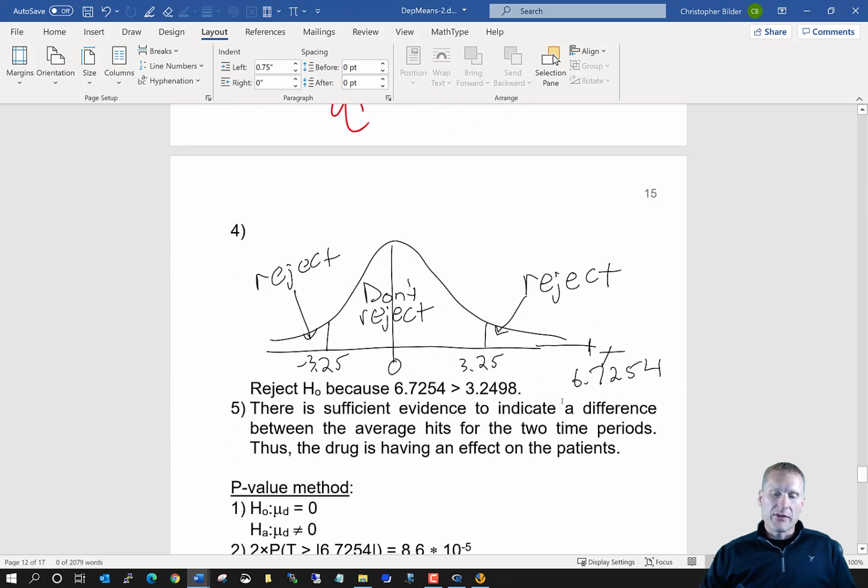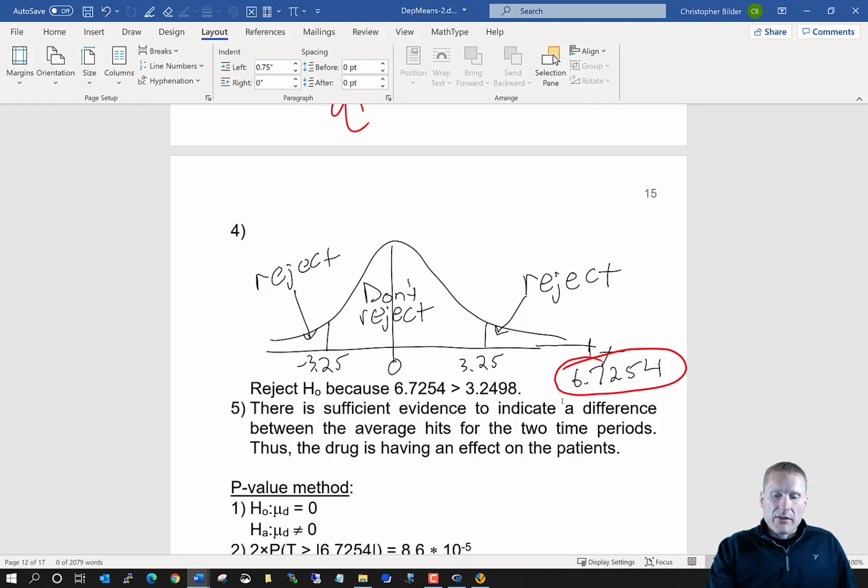Then I graph it out in step 4. So we can see that our test statistic of 6.73 is way out there. It's very extreme with respect to this t distribution, meaning it would be very unusual to get the information that we did in our sample if the population mean was truly 0. So because of that, it must not be 0.